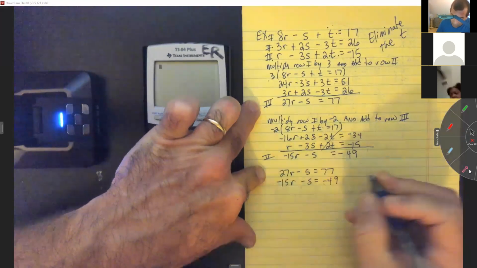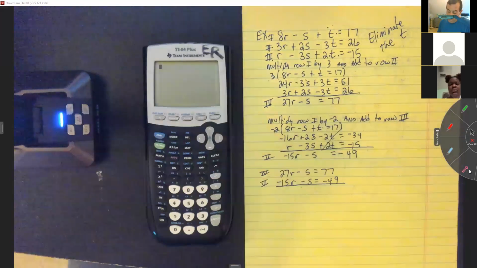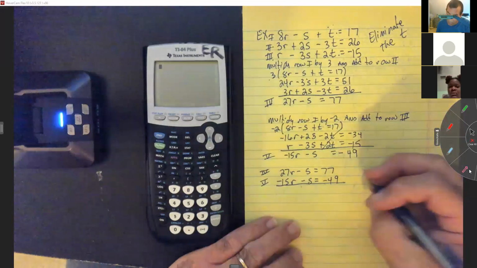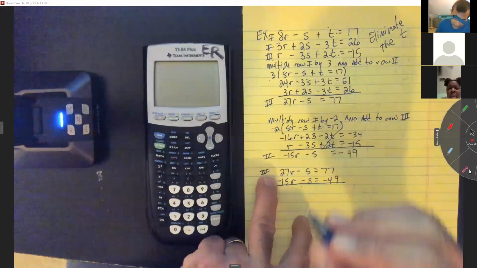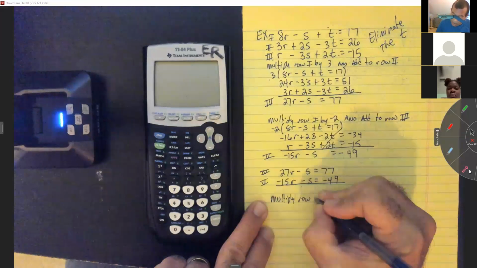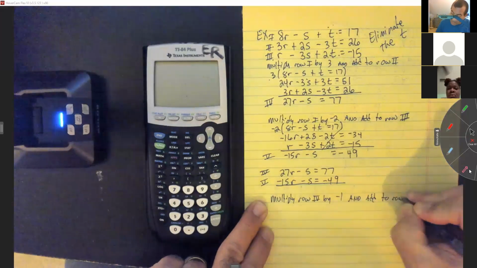All right, so we got row 4 and row 5, put them together. The easiest thing to me looks like to get rid of the S's. So I'm going to eliminate the S's by multiplying row 4 by a negative 1 and adding to row 5.